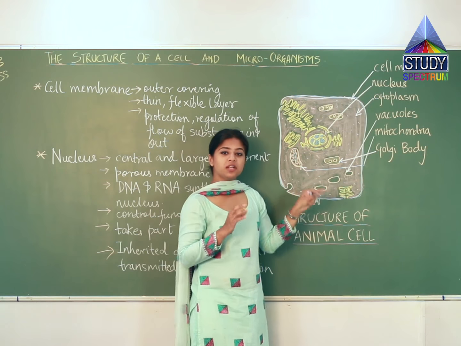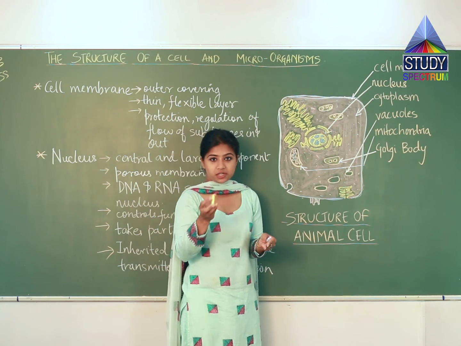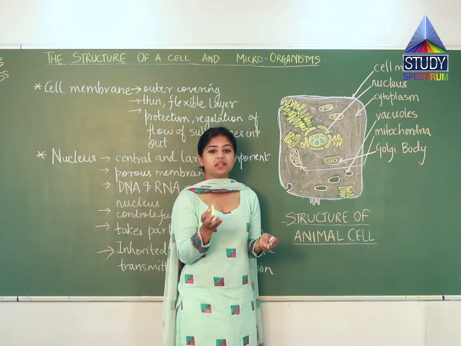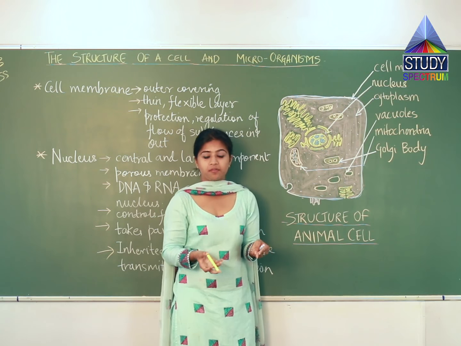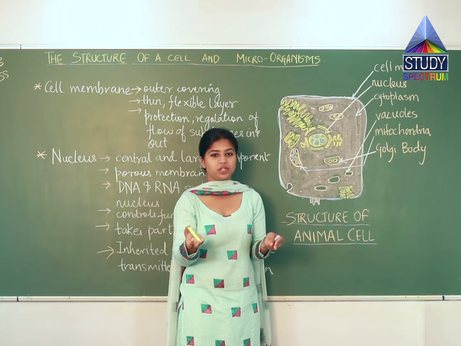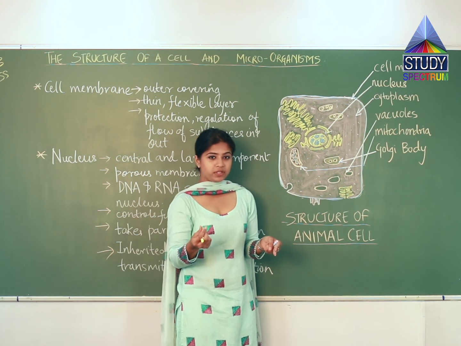Now the nucleus is related to the production of DNA and RNA, that is the genetic material. Genetic material basically gives us the characters that we have, like one person will have brown eyes while another person will have greenish eyes. That's a genetic character, or the texture of the hair for that matter.